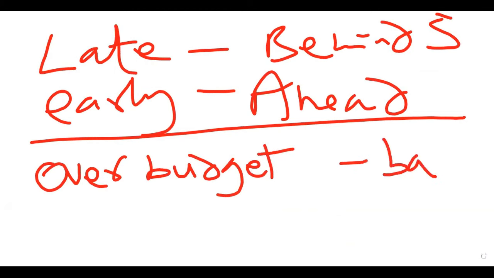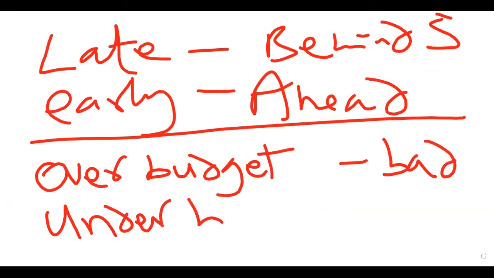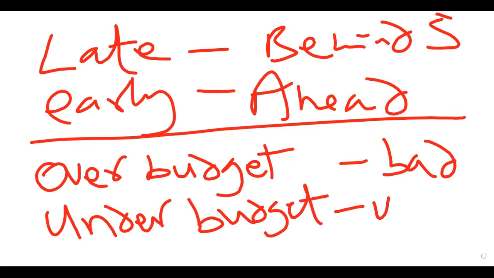This is a bad situation. Or you could be under budget, which is not a bad situation, right? Under budget could be looked at as a good or favorable situation, depending, right? But the PMI isn't going into the minutia of how much over budget or under budget you are. You're over budget, you're over budget. You're under budget, you're under budget.